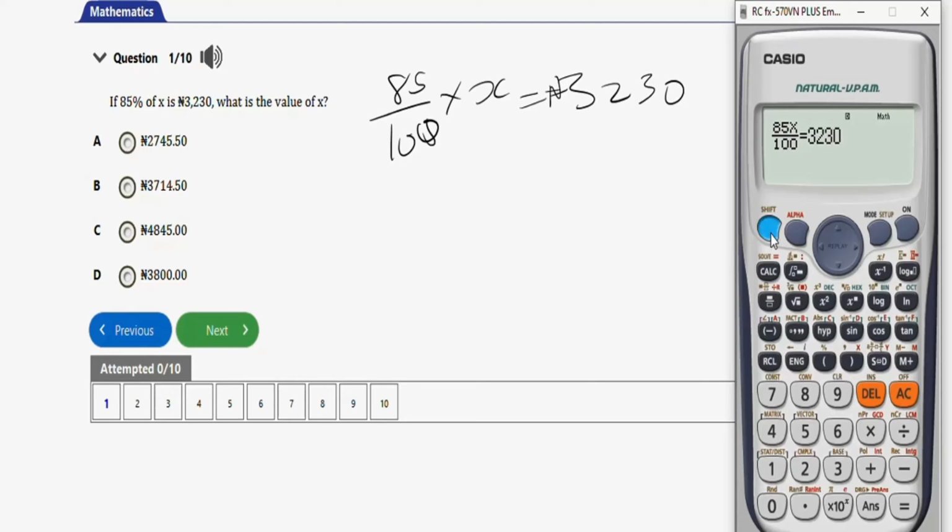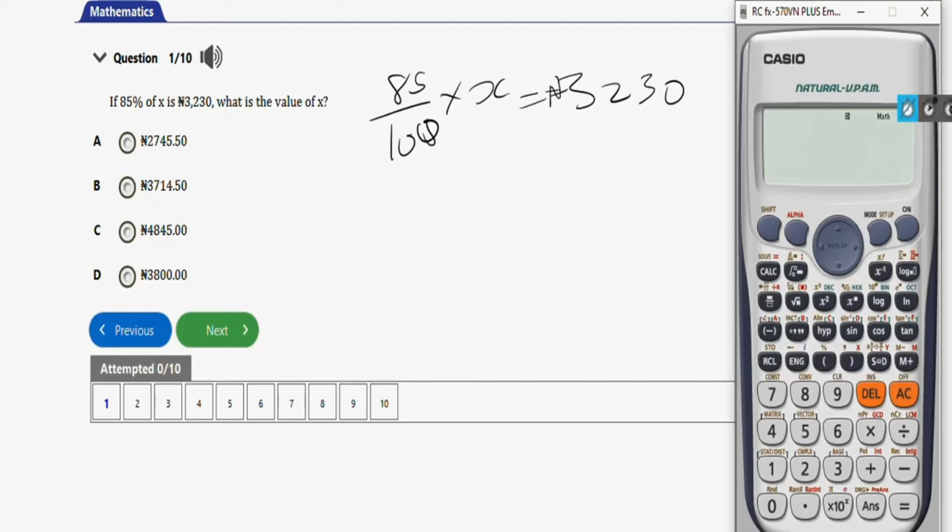To solve, press shift and this calc button, so it's very important. Then press equal to. So we have the output to be what? 3,800 naira. So the right option is option D. So that's it for this question.